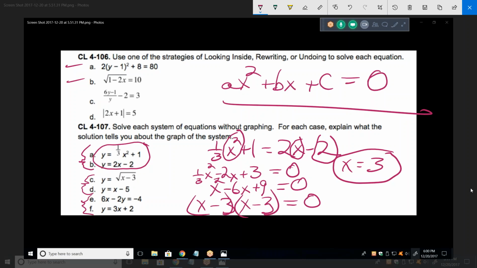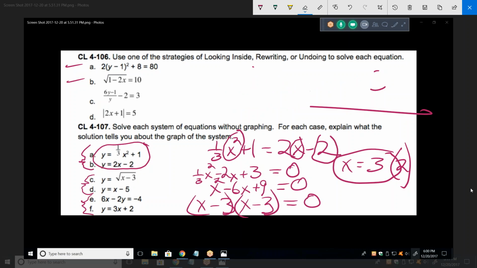Have you learned about multiplicity yet? No. Okay. It's interesting because when you have an even multiplicity, you can see why it's a multiplicity of 2, right? Yeah. Okay. For each case, explain what the solution tells you about the graph of the system. Well, an even multiplicity is a very interesting result.